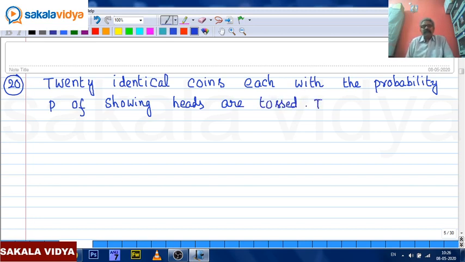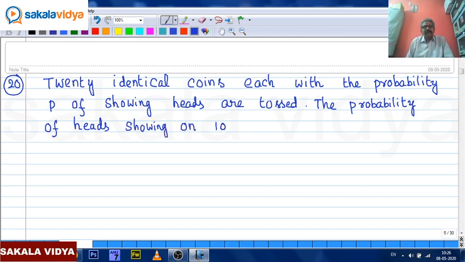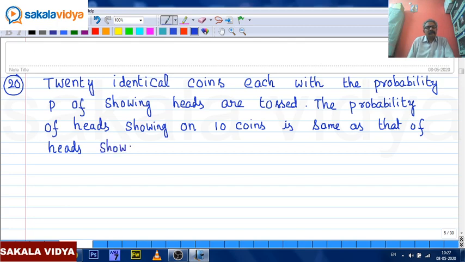The probability of heads showing on 10 coins is the same as that of heads showing on 11 coins.